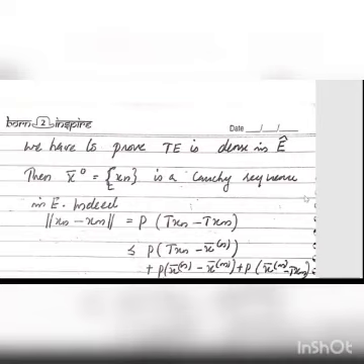Now find whether it's Cauchy or not. So take the norm of x_n minus x_m. That is by definition p of T x_n minus T x_m. You can introduce here x bar n, and similarly x bar m.